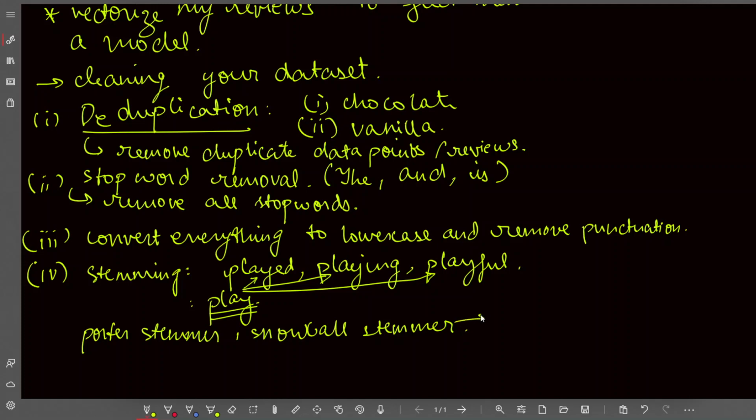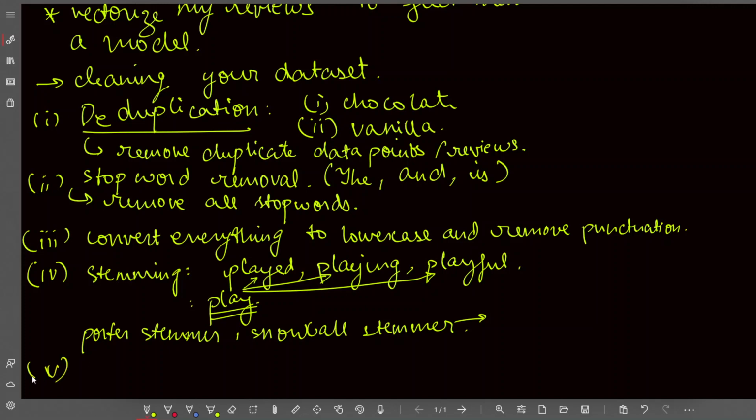It is more widely used in industry, but Porter stemmer is also very useful. These are two stemmers that are available in NLTK, and I'm not sure if snowball stemmer is available, but Porter is available. So that is the fourth step. You would stem the words to their root word, or the word from which all these words stem out.